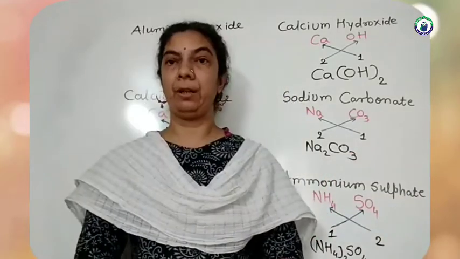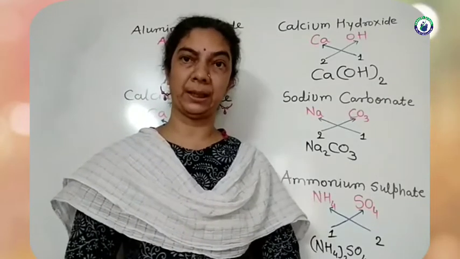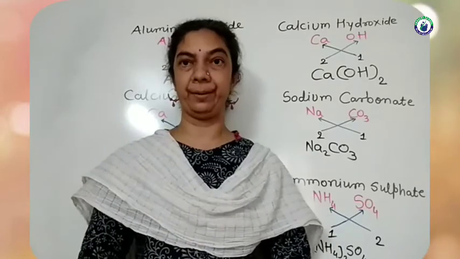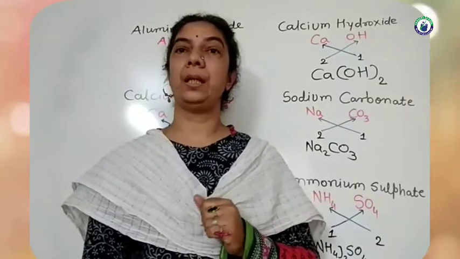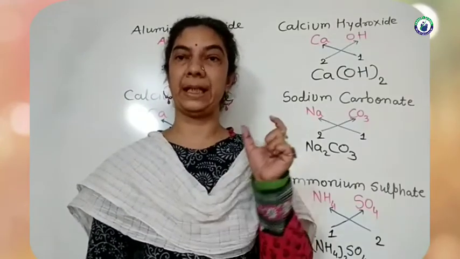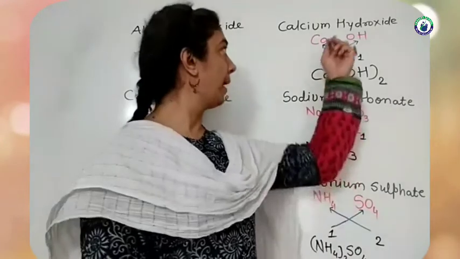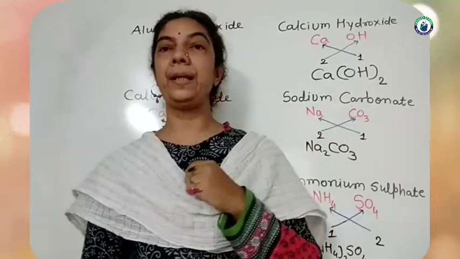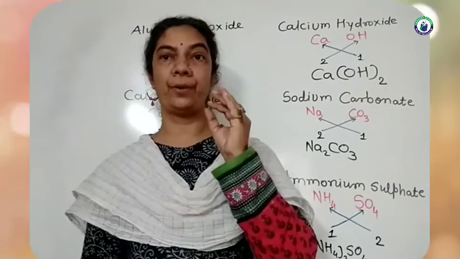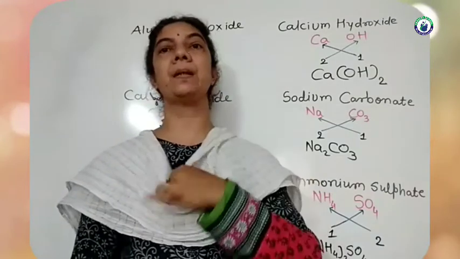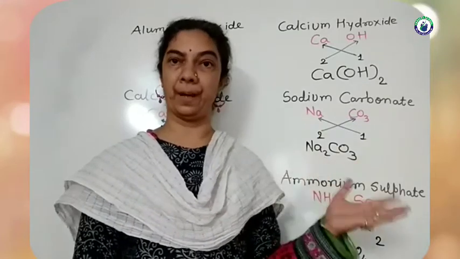Now these chemical formulas are used to find out the molecular mass, as we have discussed earlier. These chemical formulas give us the number of elements present in one molecule, and they explain how many atoms of each element combine to form one molecule of that compound.